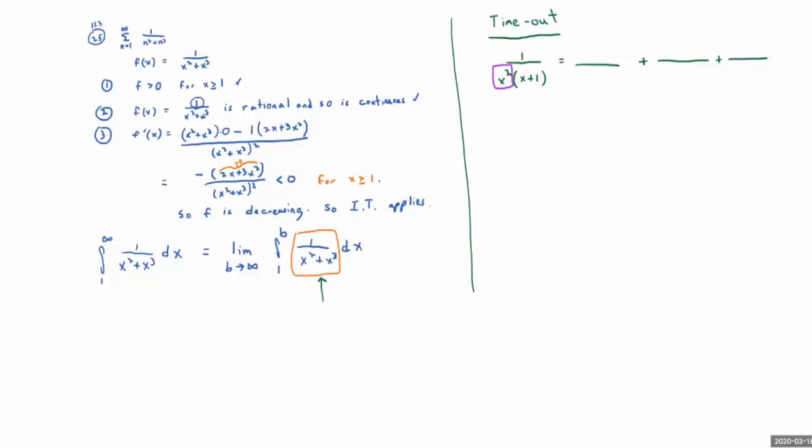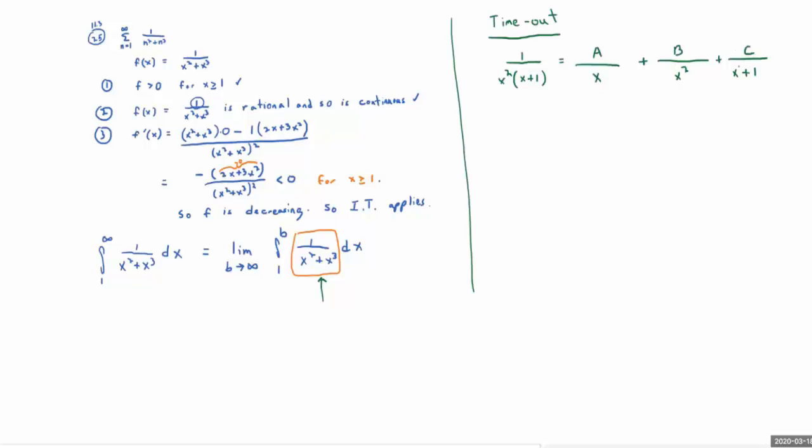And when that happens, we have one denominator that's x to the first power, and one that's x squared, and then the x plus 1 is just a non-repeated linear, so we'll have one fraction with that in the denominator. On top, we're going to have constants a, b, and c.